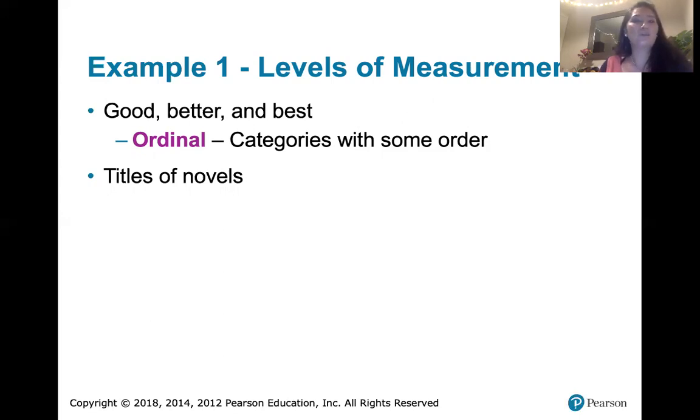Those are just categories, and they don't really have an order except for some order that we place upon them, like alphabetical order or some kind of ranking based on our preferences. So titles of novels are nominal data. They're just names of novels, and that's categories only.